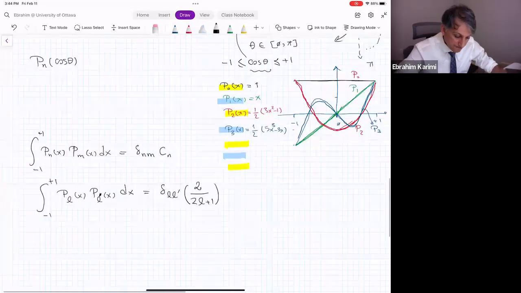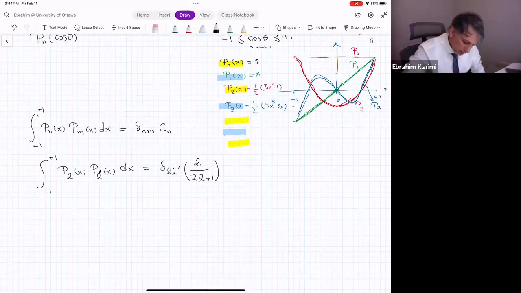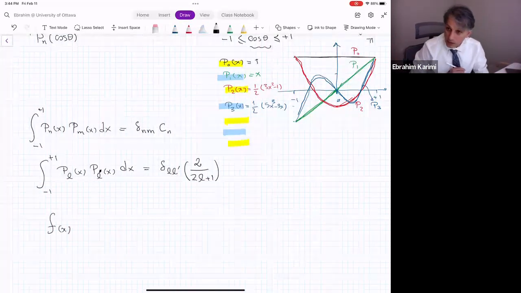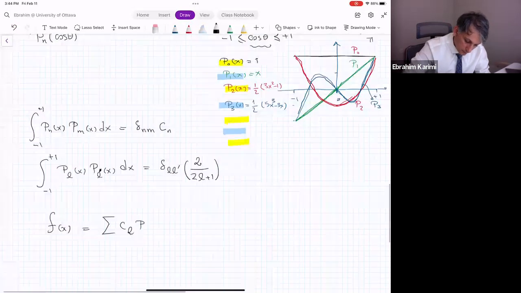So essentially, any function that you have in that domain can be expanded in terms of these. So if I have a function of x, and the function of x is in the domain of -1 to 1, then that function can be expanded in terms of P_L of x when L is changing from 0 to infinity.